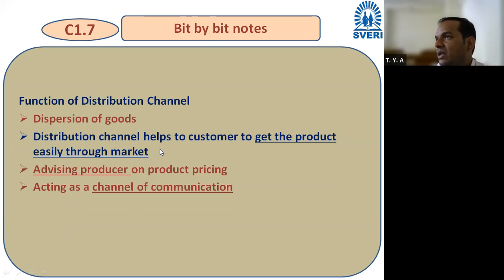Then distribution channel helps the consumer to get the product easily through the market. What is their role? There is a tractor, a tractor organization, a showroom. So he is a dealer, right? He is selling the product in the market. If it is not easily available, where will we have to go? Suppose in Pune, and the person who wants a tractor is in Solapur.